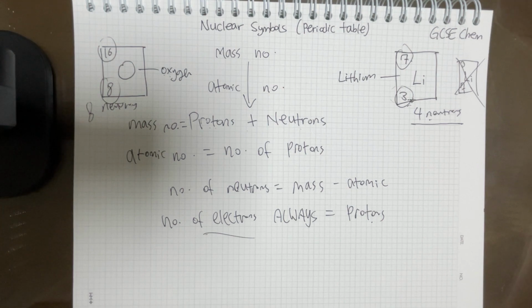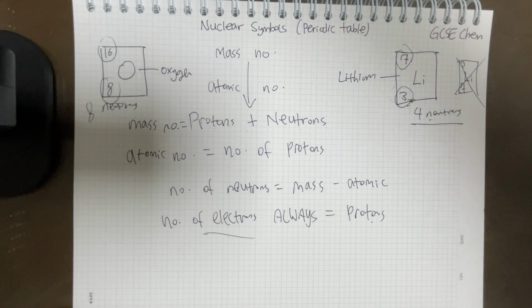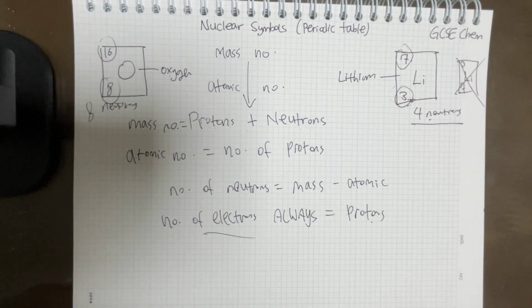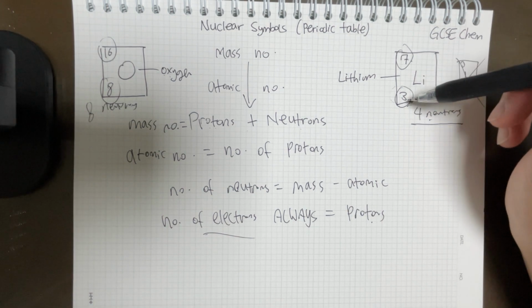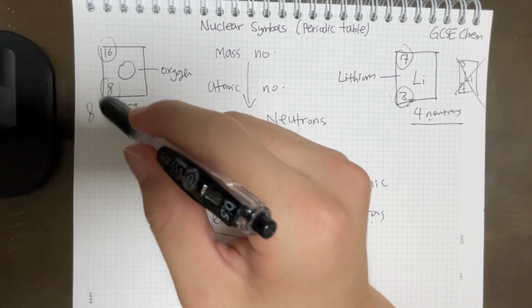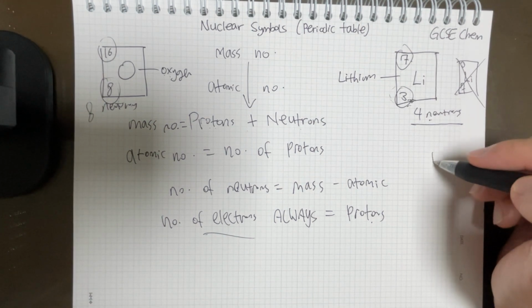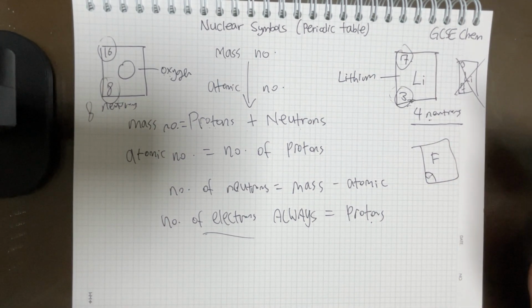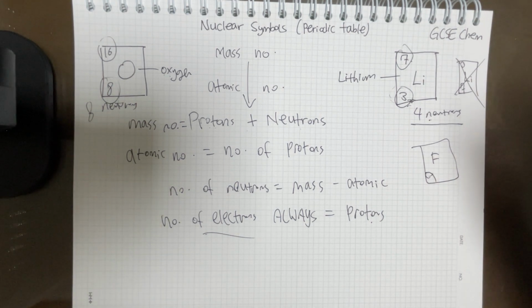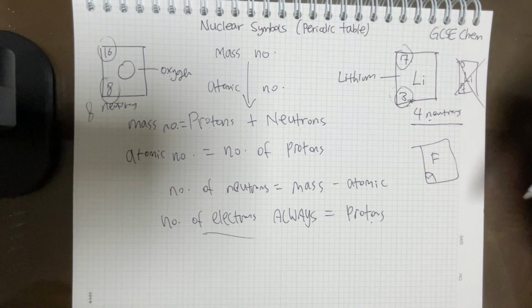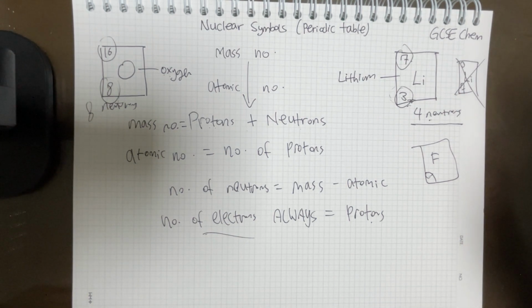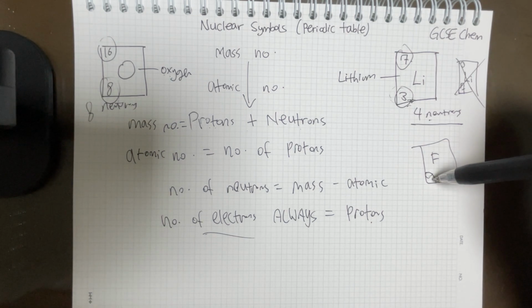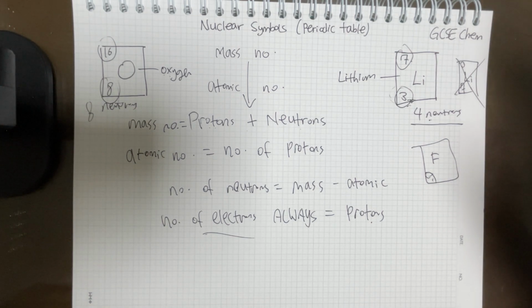Okay, and also one more thing to know. The number of protons determines the type of element it is. So notice lithium has 3 protons and oxygen has 8 protons. Fluorine has 9 protons. So the number of protons determines the element. There are no two elements with the same number of protons, because that is what determines the type of element it is. So the number of protons and the electrons are always the same, and the atomic number, the proton number, determines the type of element it is.